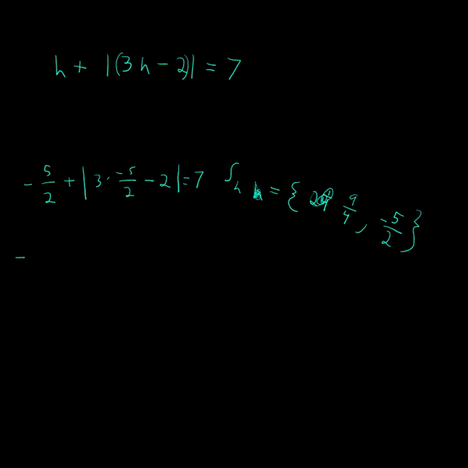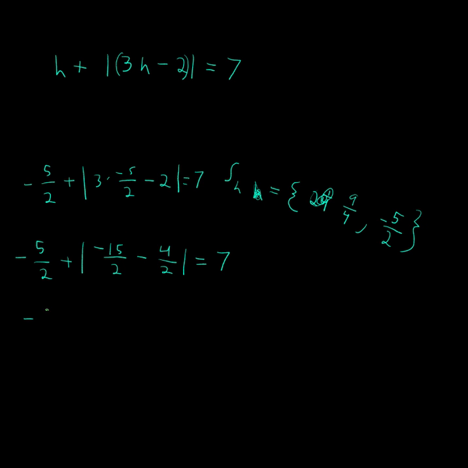And here, let's just keep it as an improper fraction. Negative 5 over 2 plus the absolute value of negative 15 over 2 minus 4 over 2 equals 7. Keeping everything good.